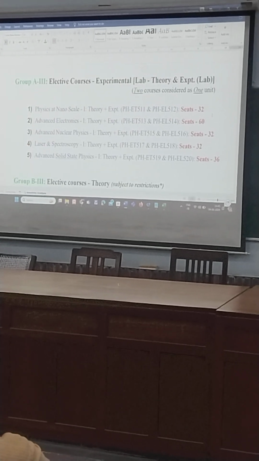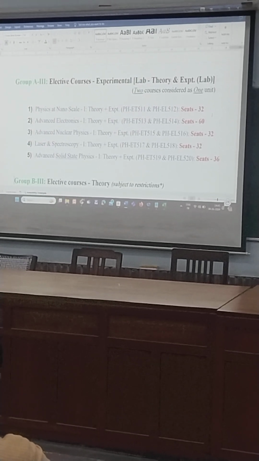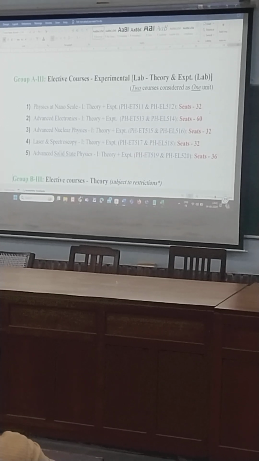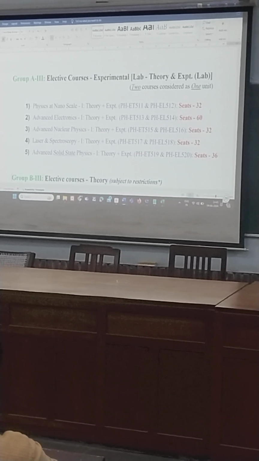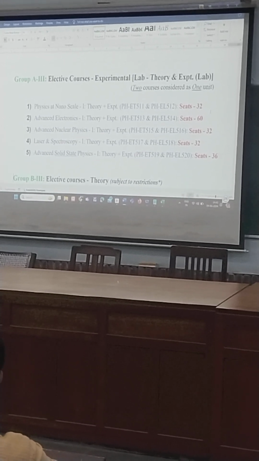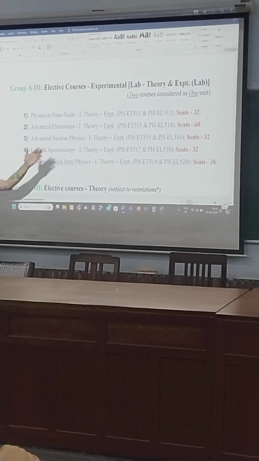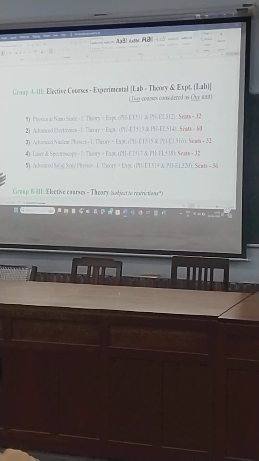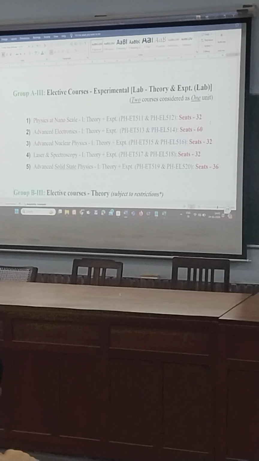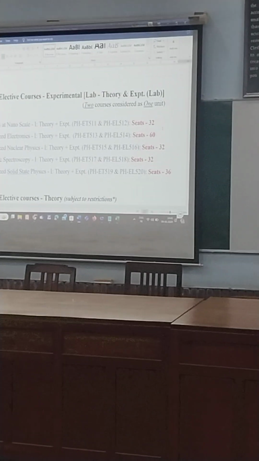Number of seats here: nanoscale we have 32 seats, advanced electronics 60 seats, advanced physics 32, laser spectroscopy 32, advanced solid state 36 seats at present available.